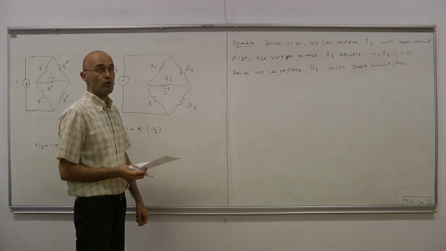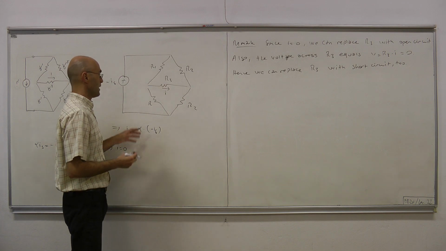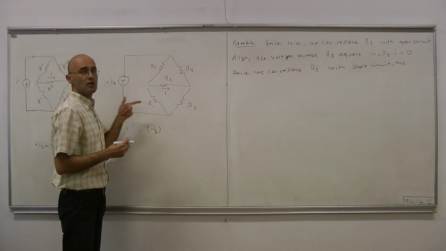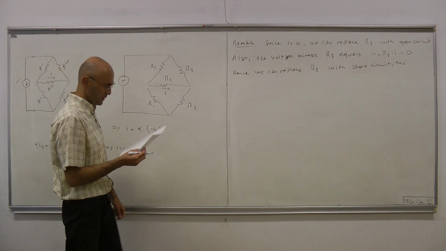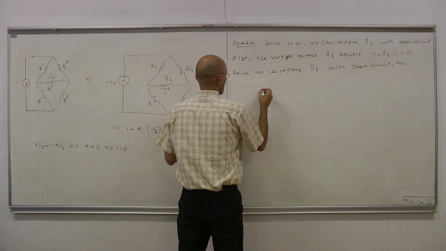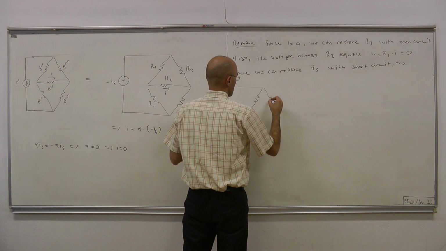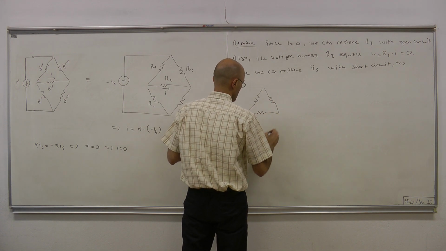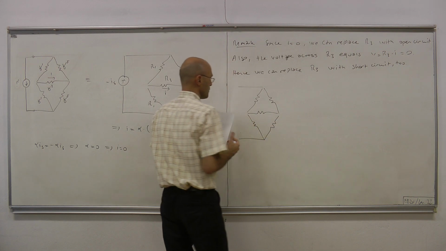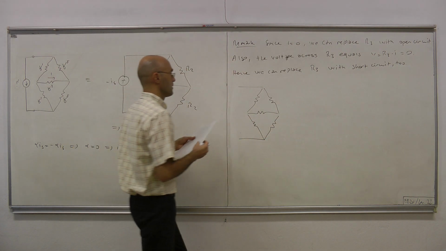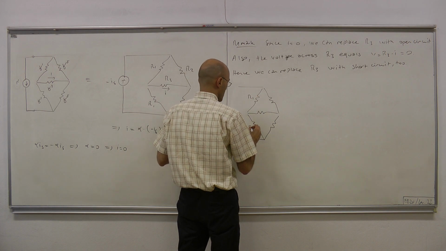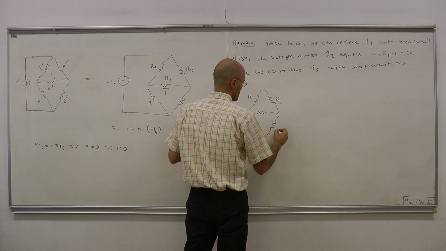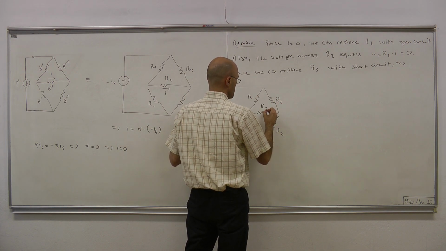It's quite straightforward in that case to figure out the input resistance seen from the port terminals. This was the original one port, R1, R1, R2, R2, and this is R3.